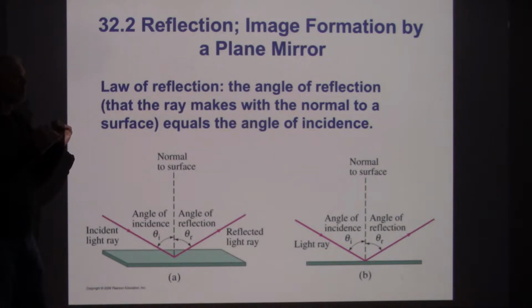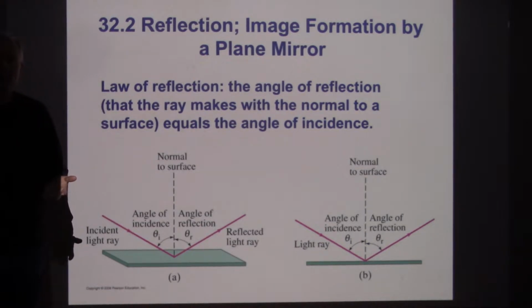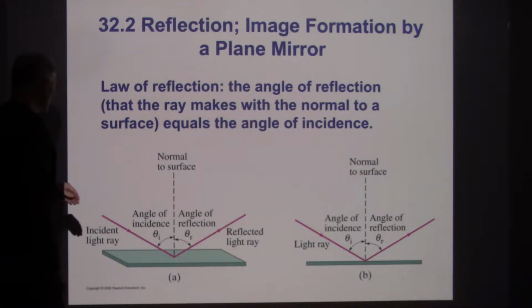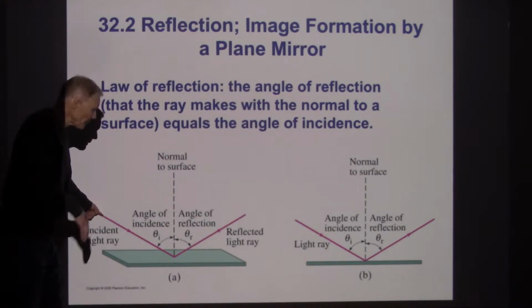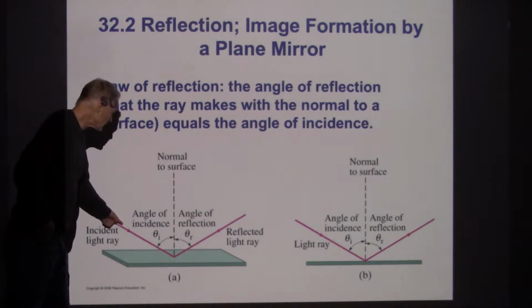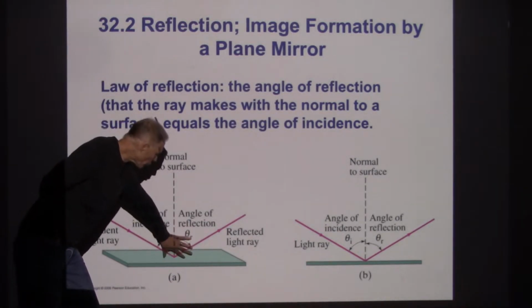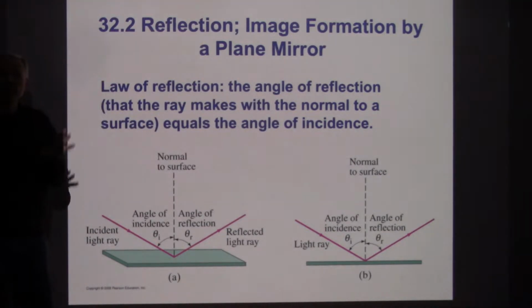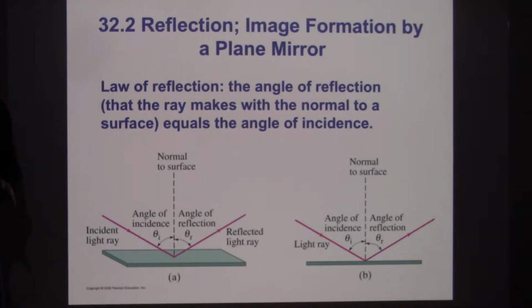Maybe it's part of a mirror, for example, or it's the surface of water that's really smooth. And here is light coming in from a particular direction. And what we do is we draw the normal to the surface.